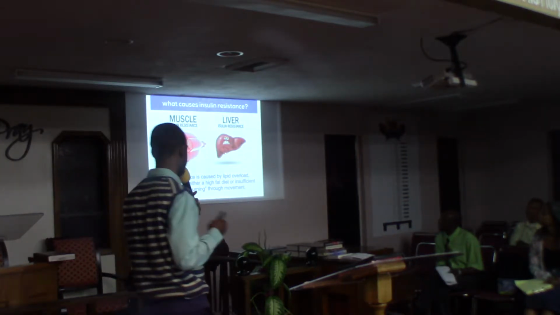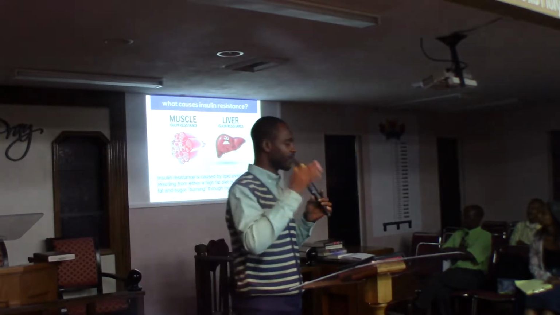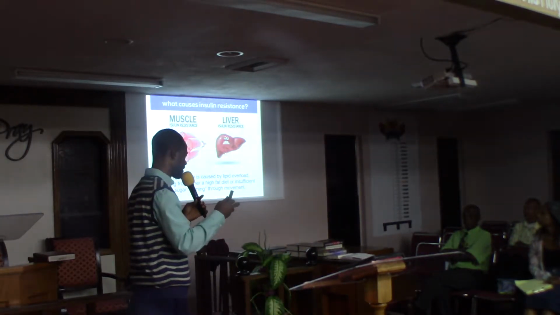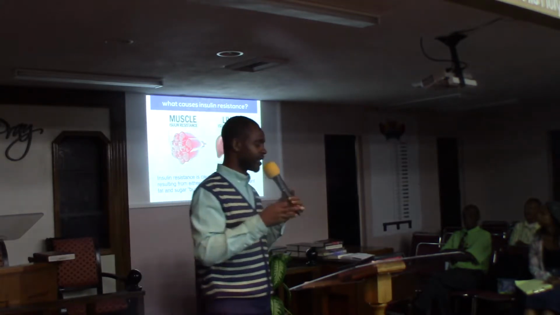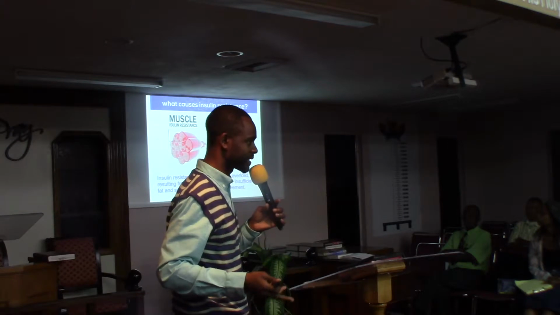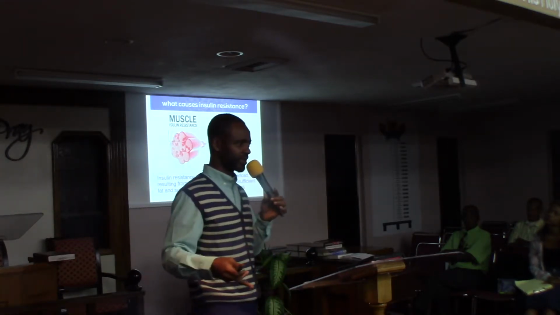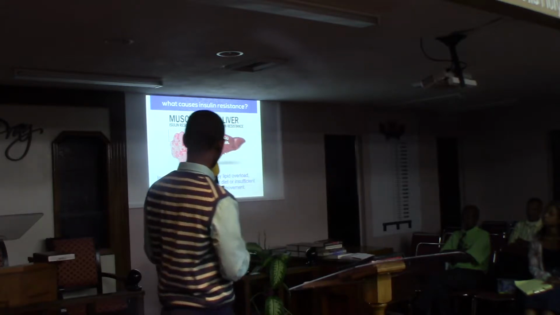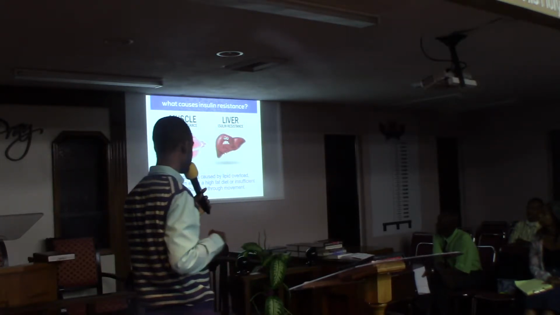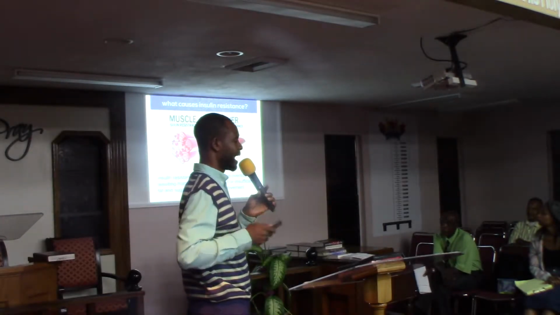What causes insulin resistance? I am saying to you that insulin resistance is what leads to you developing diabetes, but fat is what causes you to get insulin resistance. You following? Right. So you have the muscle and you have the liver, and the liver plays a very important part when it comes to people who are diabetic.